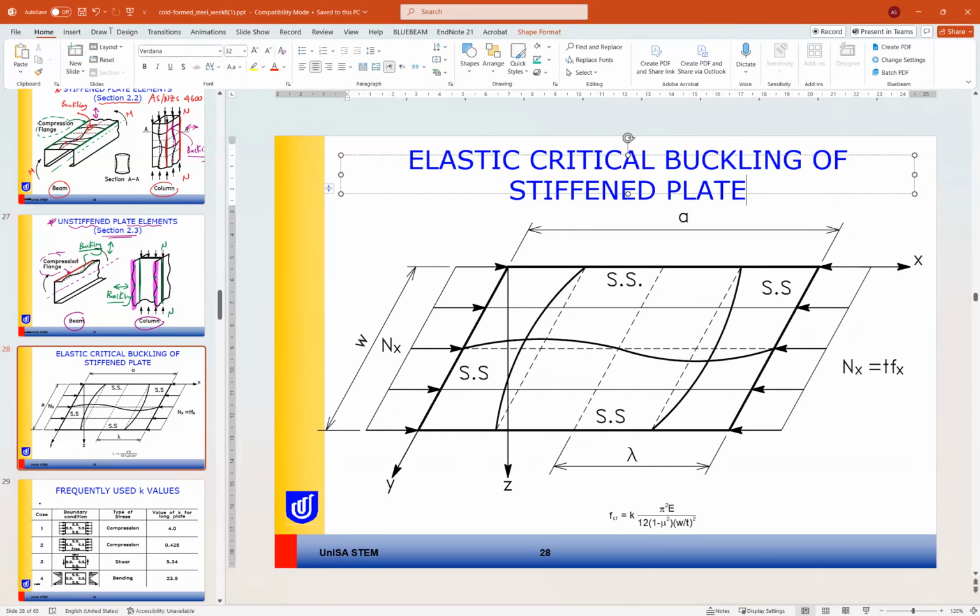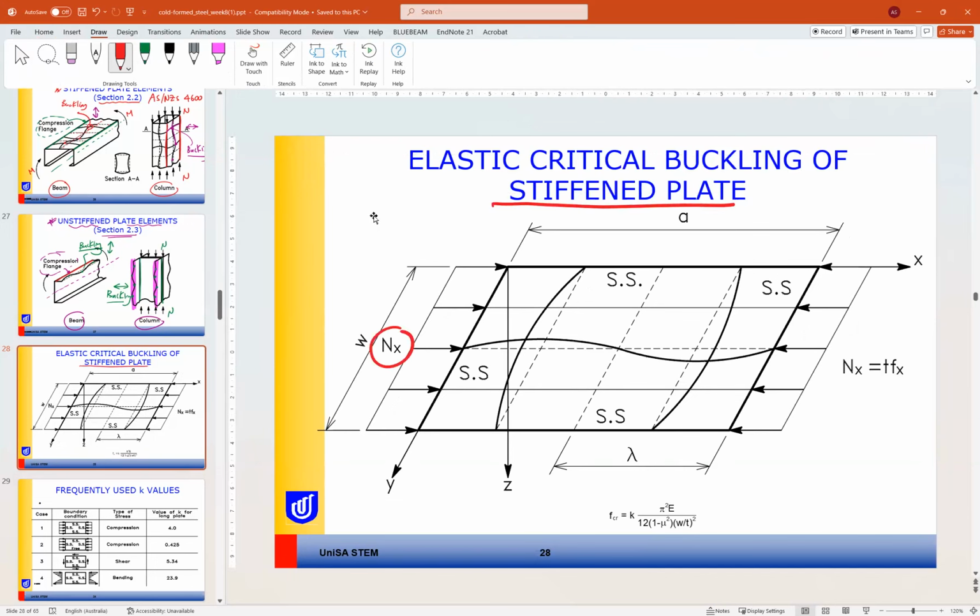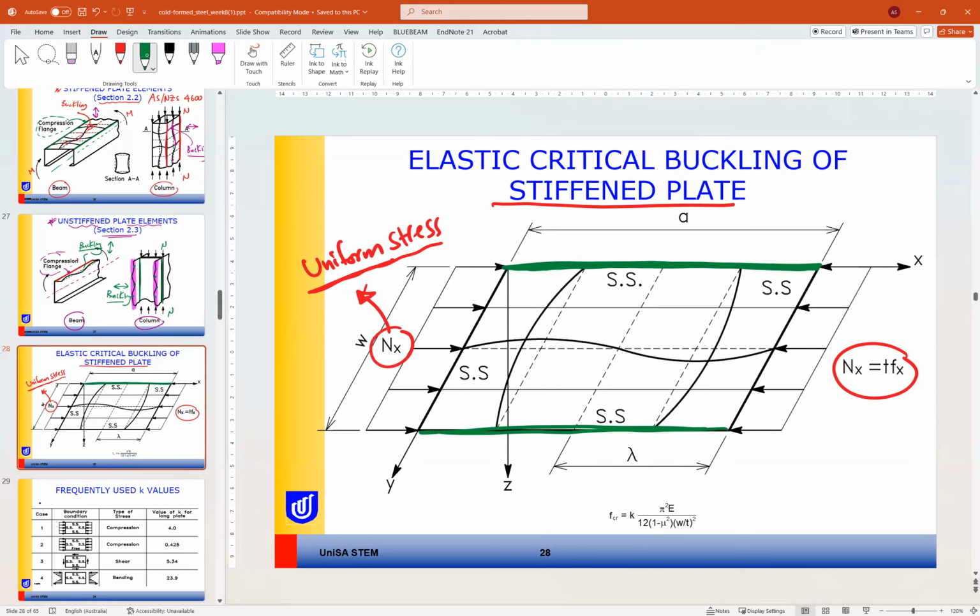So we are looking at a stiffened plate in this case. This stiffened plate is under uniform stress. So in this one case we may have a plate under uniform stress. And the two other edges of the plate are stiffened or simply supported, as you can see. So these two are simply supported.